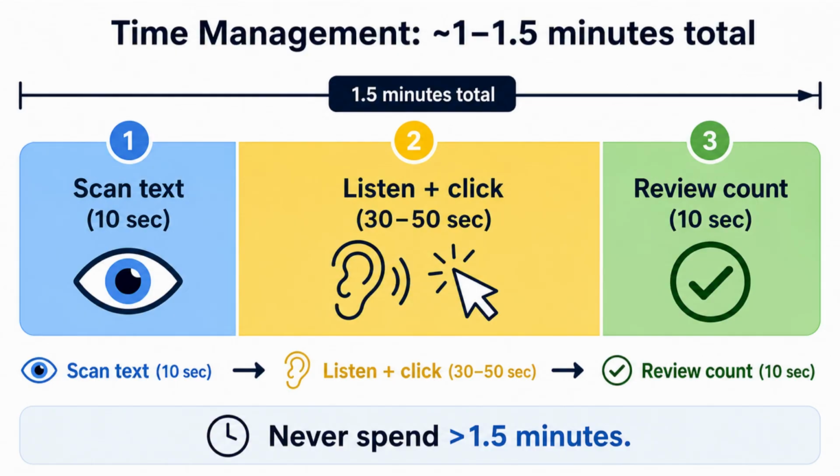Count your selections. A typical HIW text has 5 to 7 incorrect words. If you have 0 to 2, you probably missed some. If you have 10 plus, you probably clicked some correct words. Adjust if needed. Do not spend more than 1.5 minutes. If you are stuck, move on. Spending too much time on one question means you will rush on others.